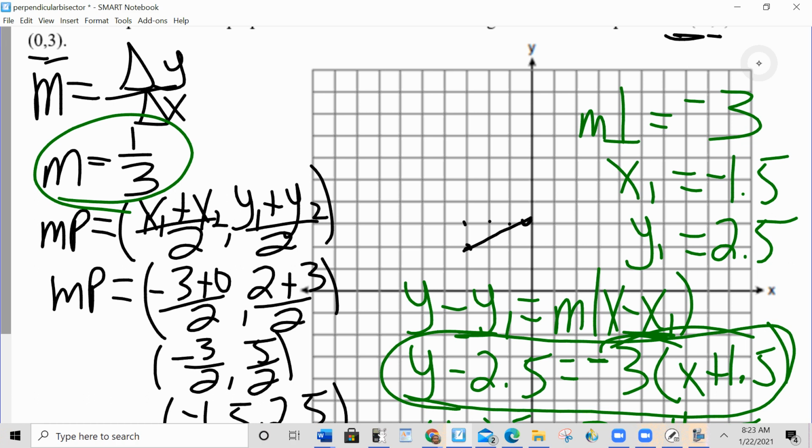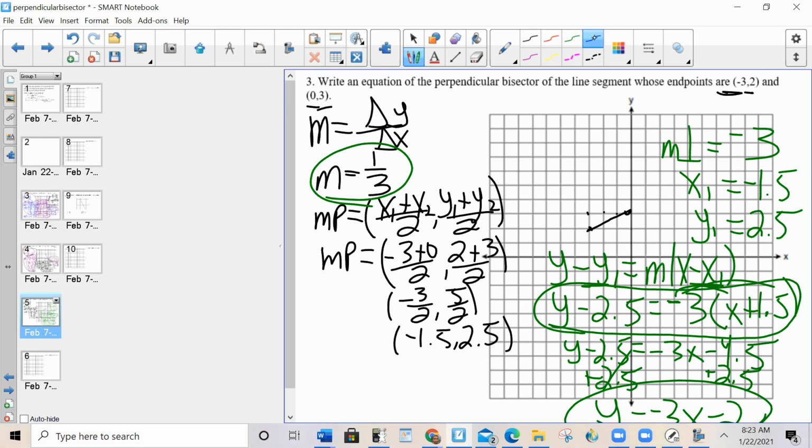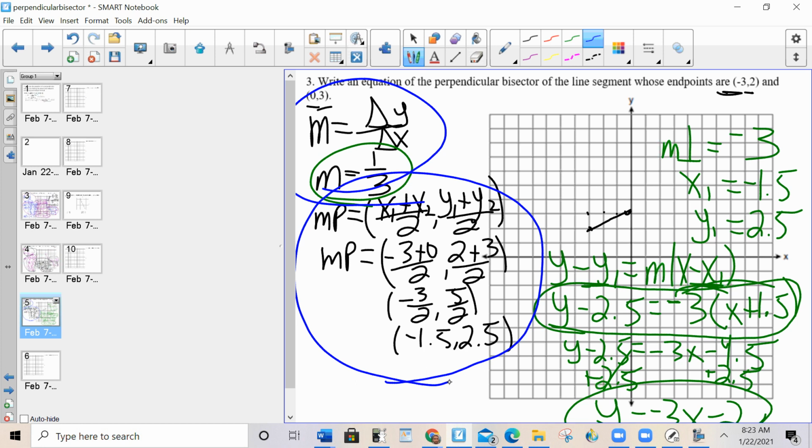So again, what did I do? I found the slope using slope formula. I found the midpoint using midpoint formula. I wrote my slope, x1 and y1. My slope, which is perpendicular, because it says perpendicular bisector, is the negative reciprocal of the original slope. x1, y1 are the coordinates of the midpoint. And then I'm substituting that into your point slope formula, your y minus y1 equals m, x minus x1.